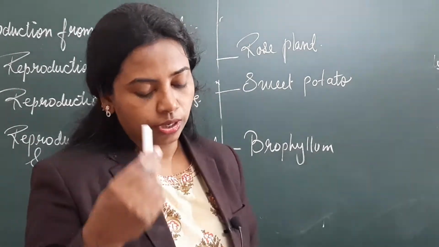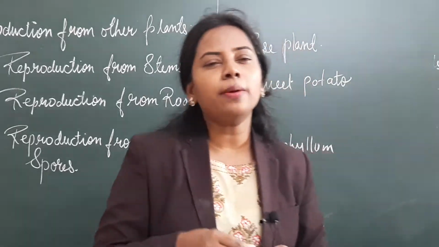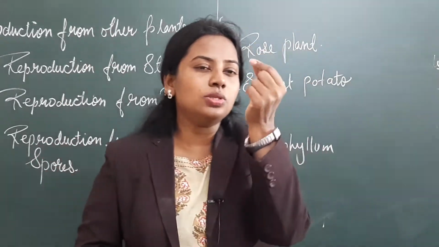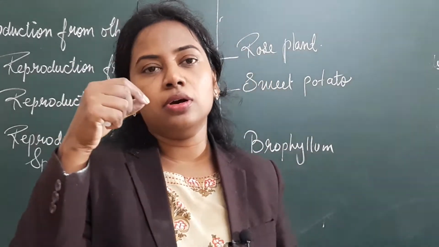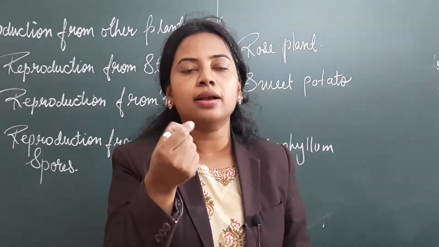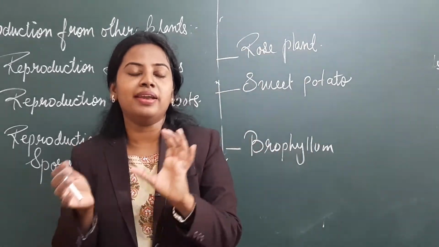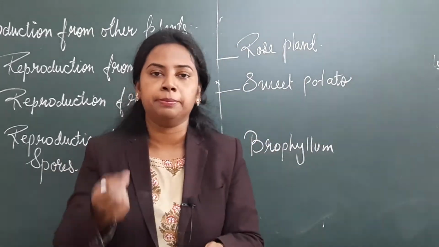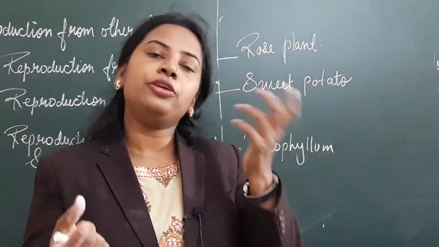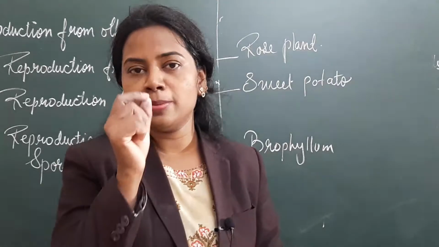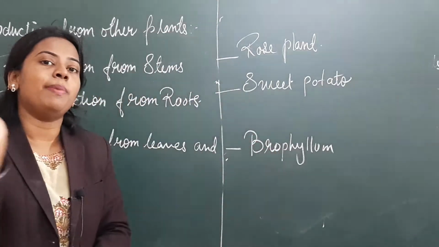Next, reproduction from a root. As you see, the potato. You have seen a potato. On some of them buds come. Some yellowish greenish buds come on the potato if it is kept in a warm and humid climate for a long time. At your homes also, just observe or ask your mother, she will tell you buds come.